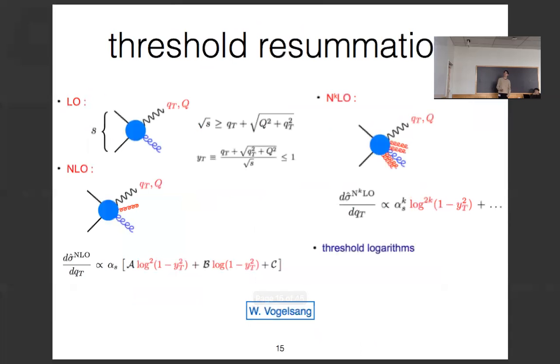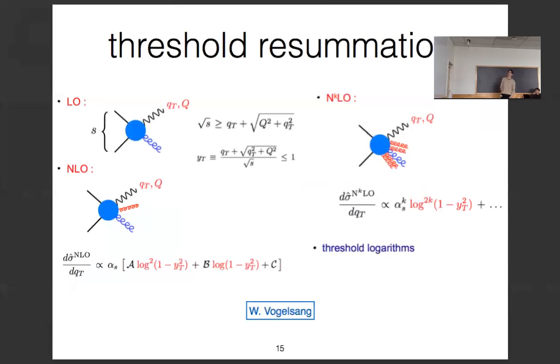Okay. So one can think, okay, these experiments are all experiments at low square root of S. So there may be an important effect of threshold resummation, which is important when your partons have just enough energy to produce your final state, so they can't be on the photon.